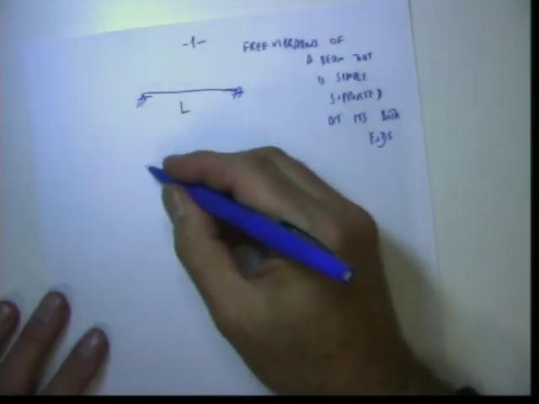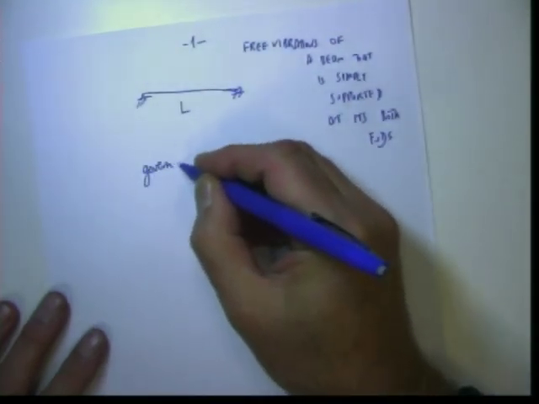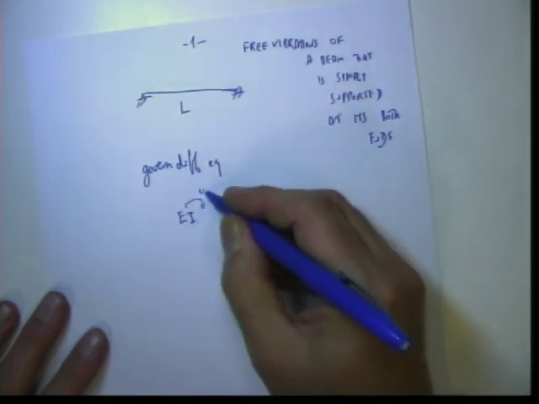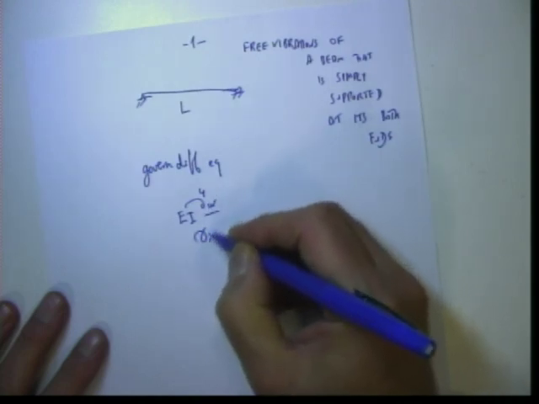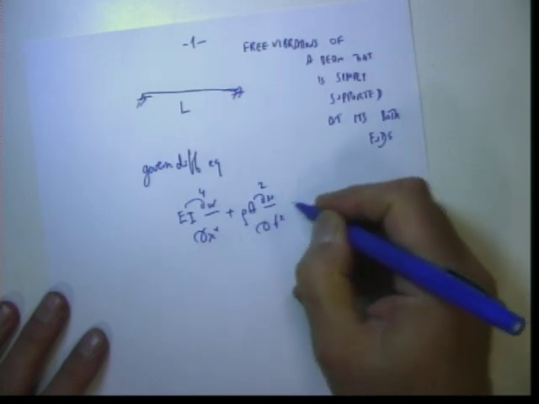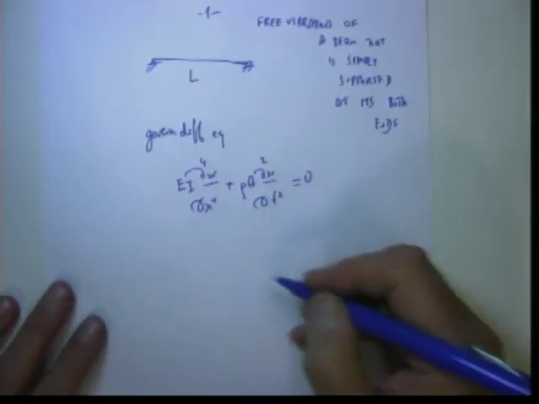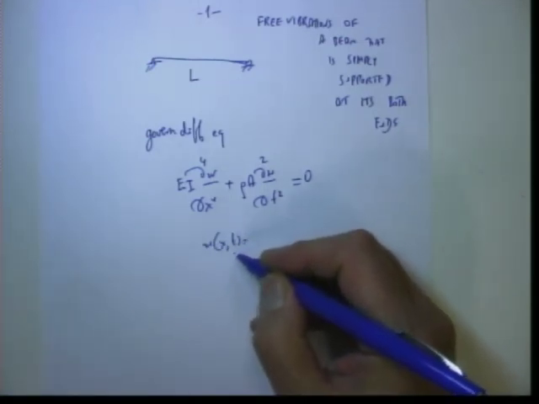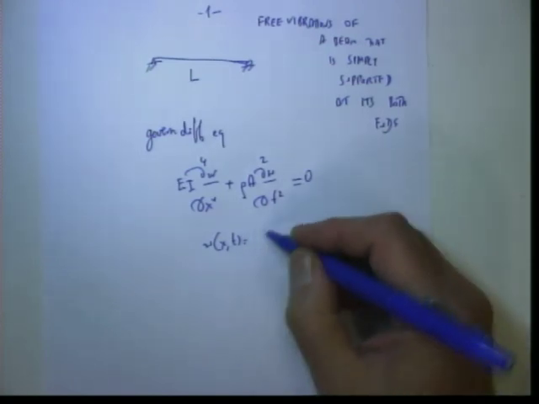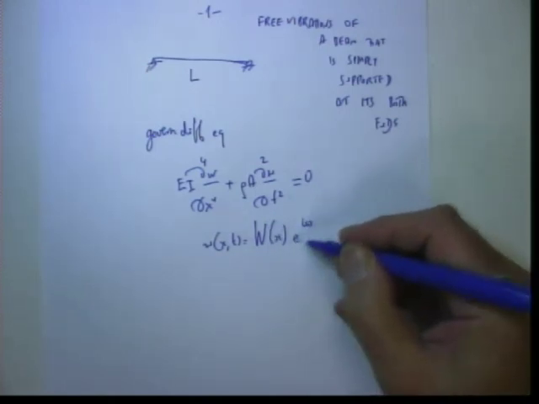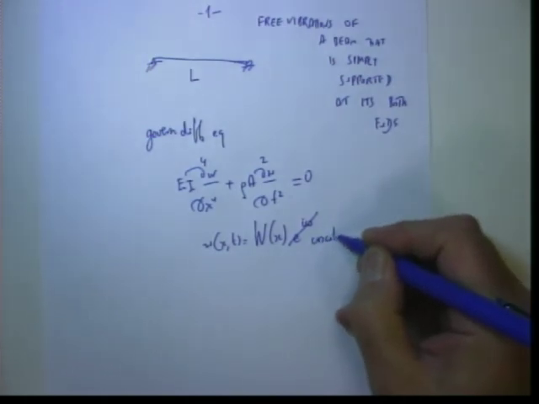Some governing differential equation is EI d4w/dx4 plus rho A d2w/dt2 equals 0. And we said that small w(x,t) is represented in the form of capital W(x) e^(i omega t), or maybe cosine omega t.